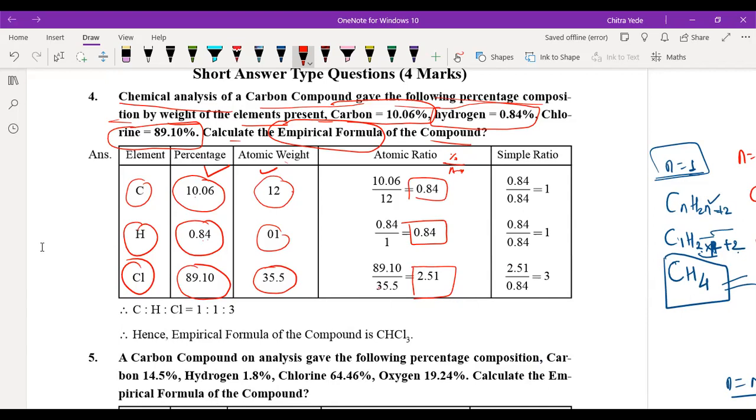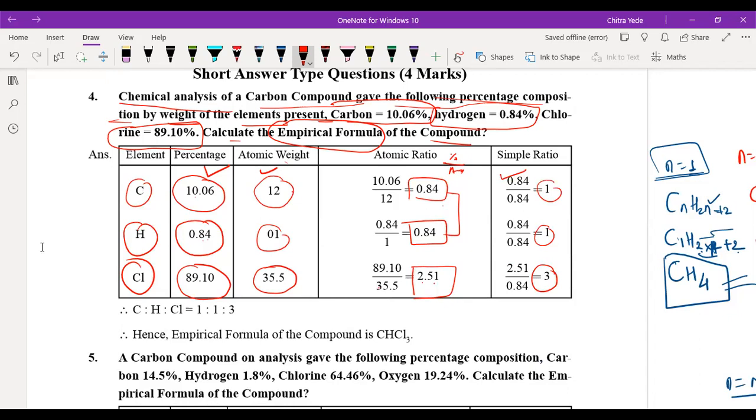In order to convert that into a simple ratio, we divide all by 0.84, as it is the minimum. So 0.84 divided by 0.84 is 1, again 1, and if we divide 2.51 by 0.84, we get approximately 3.